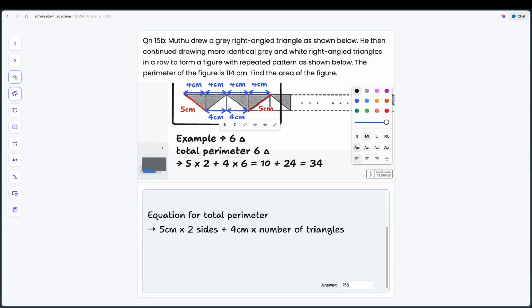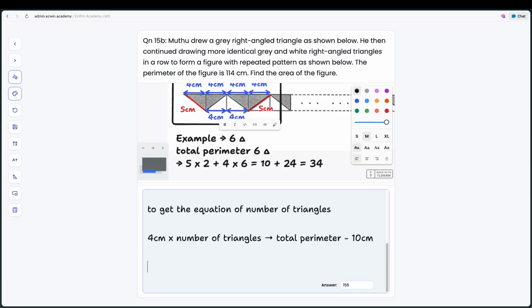So 4 centimeters times the number of triangles is equal to the total perimeter minus 10 centimeters. To get the equation for the number of triangles, we need to work backwards, right? So the number of triangles is equal to the total perimeter minus 10, divided by 4.